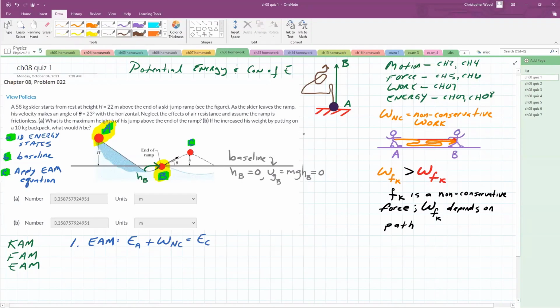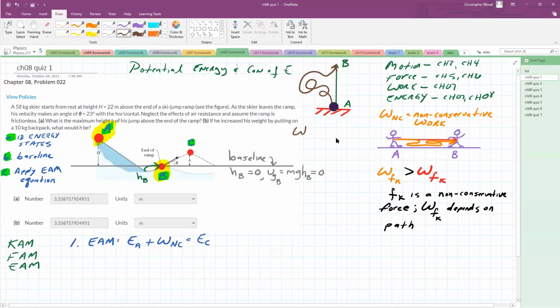In this case, the work done by that gravitational force along that brown path is completely equal to the work done by the gravitational force as it goes along that green path.